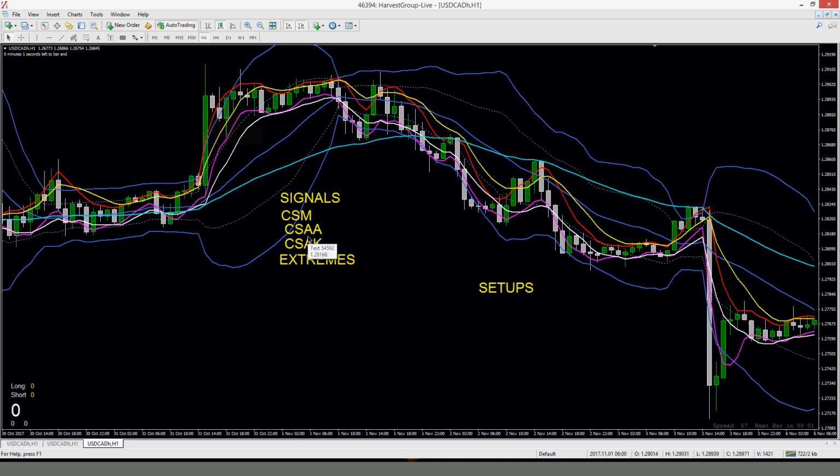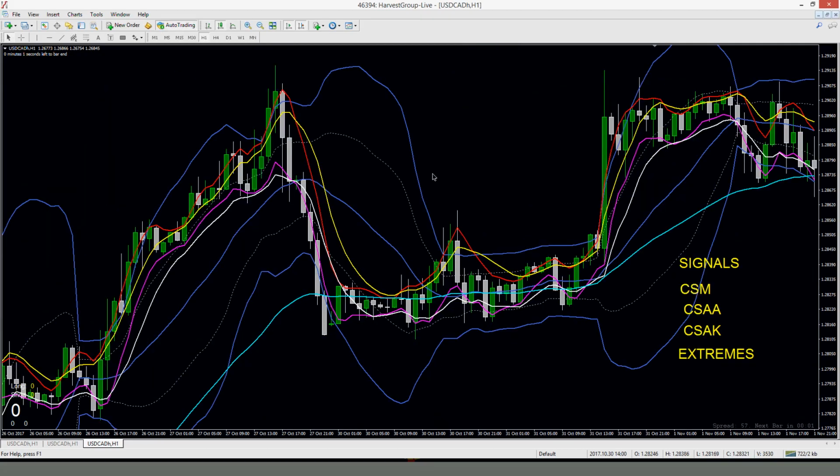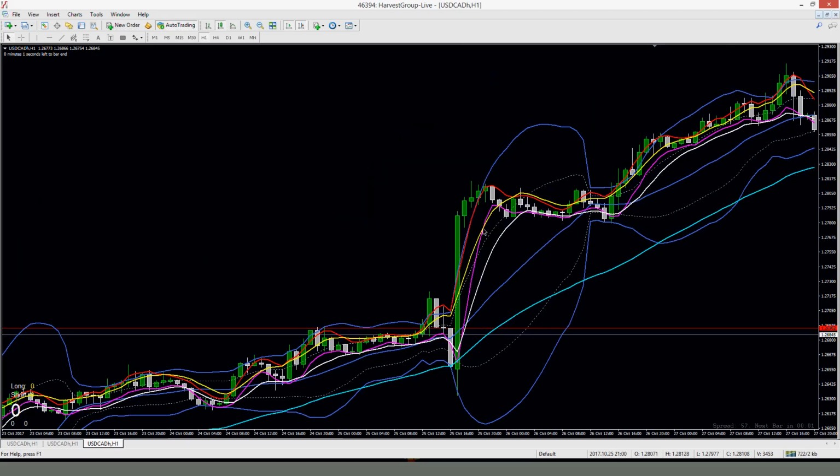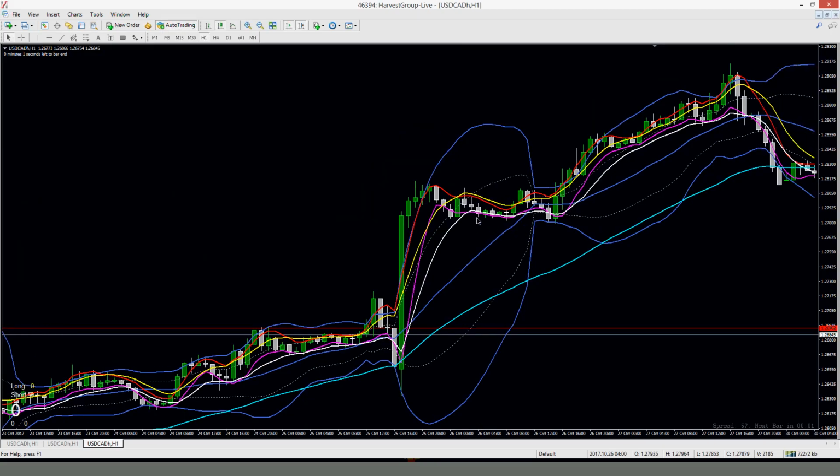And then next one is candlestick arah awal, which is candlestick early direction. Candlestick early direction means that, let me just find one. Okay, over here, after an extreme A, there is a candle that breaks through MA5 and MA10.